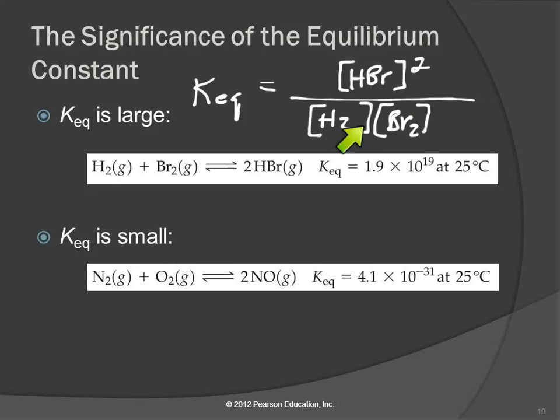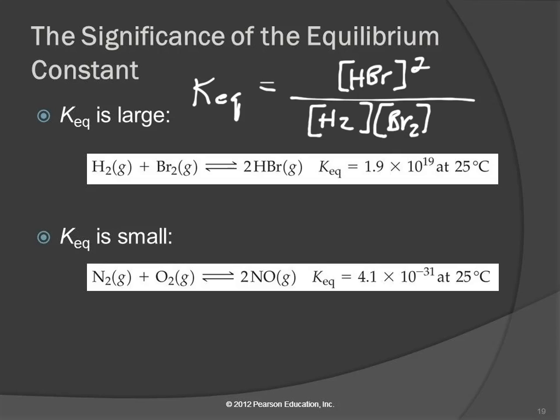So if this expression is equal to this really, really big number, does that mean the numerator is bigger than the denominator? If we take a big number and divide by a small number, we get a bigger number, right? If we take a small number and divide by a big number, we get a small number. Does that make sense?